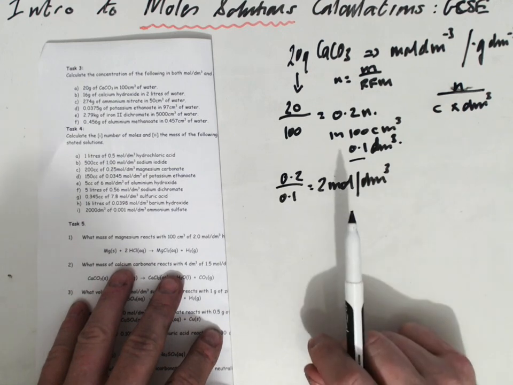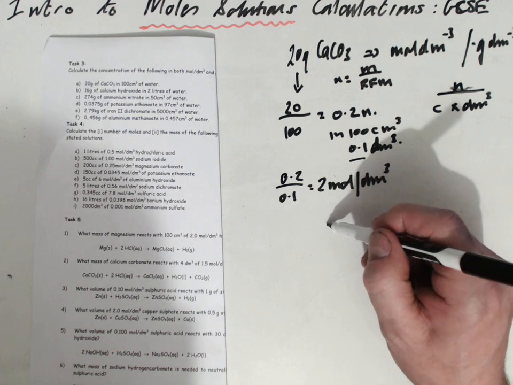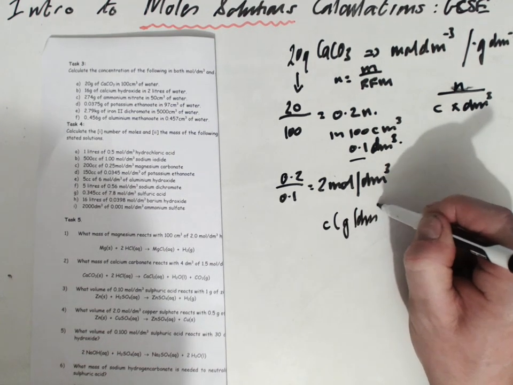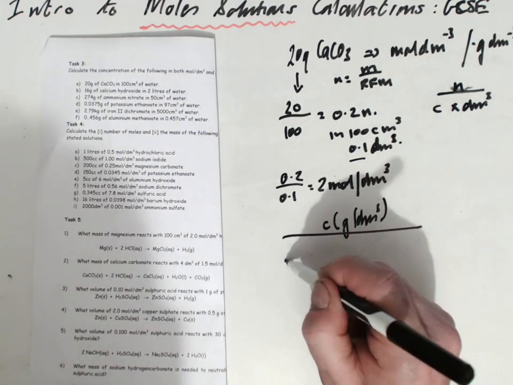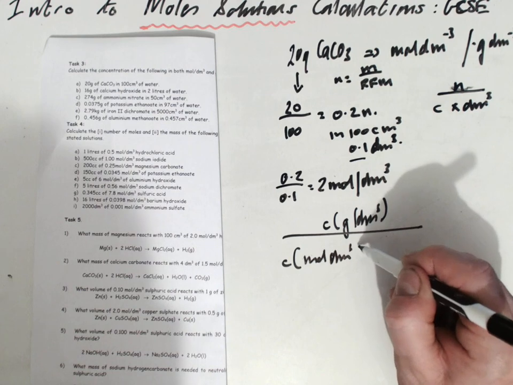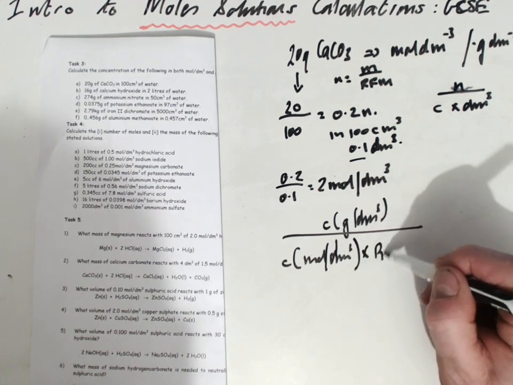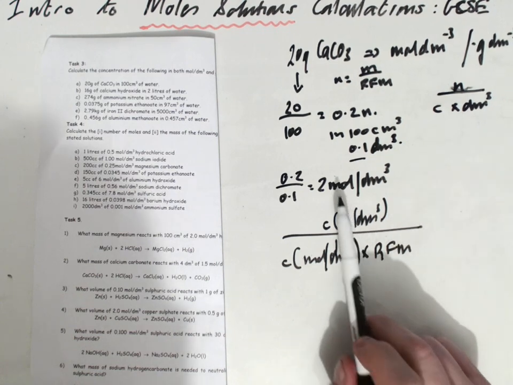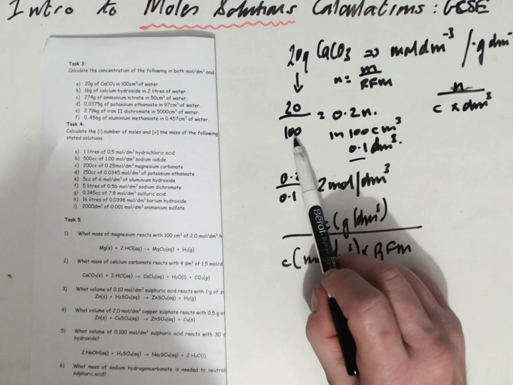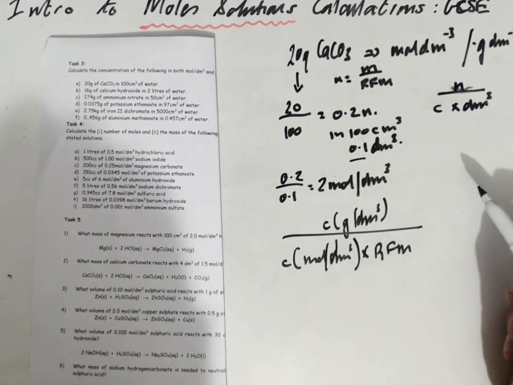Now the examiner has also asked us to get it in grams per decimeter cubed. Remember from earlier, our concentration in grams per decimeter cubed is equal to our concentration in moles per decimeter cubed multiplied by the RFM. The RFM we calculated earlier: 1 calcium, 1 carbon and 3 oxygens adds up to 100.